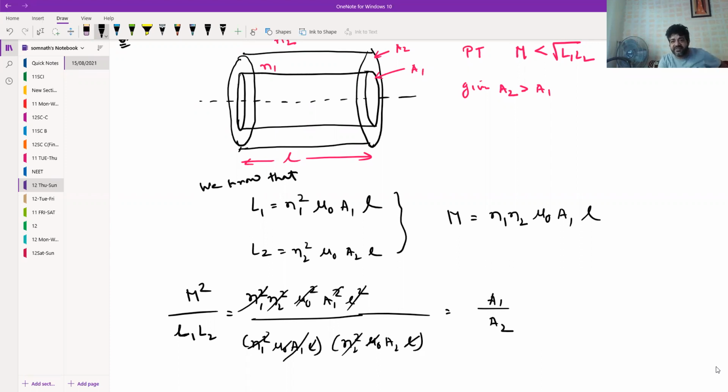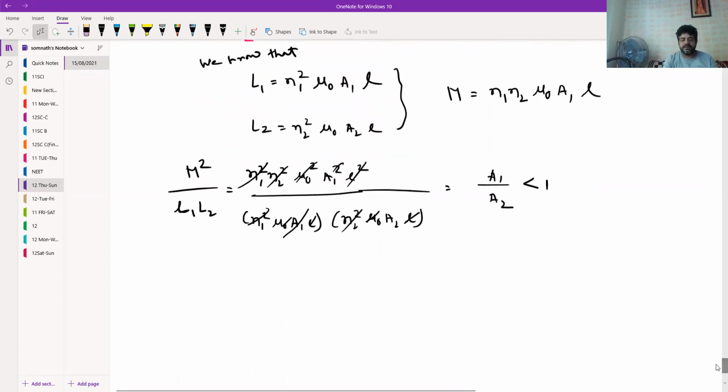And it is very clear that A2 is greater than A1. So if A2 is greater than A1, A1 by A2 is less than 1. Yes or no? So as it is less than 1, mutual induction square is less than L1 L2.